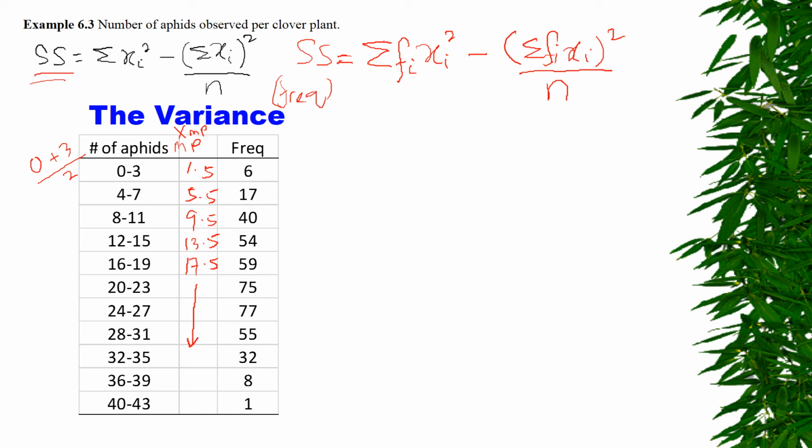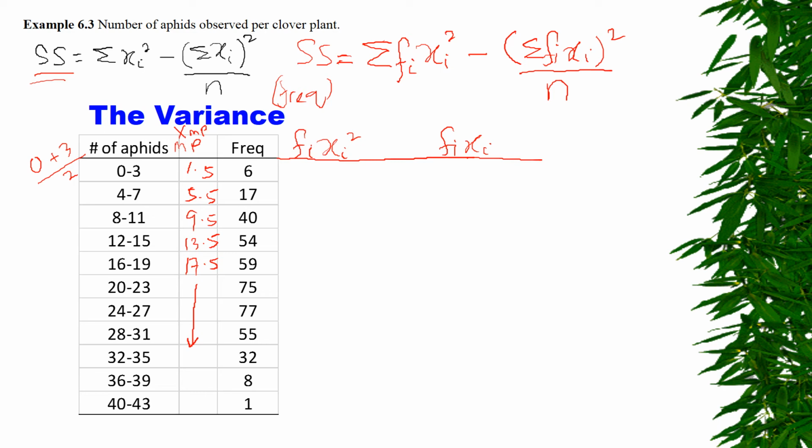Next, what we need to do is add another 2 columns here. The first one will be fixi squared, and another one is fixi. We need to find these two values first.